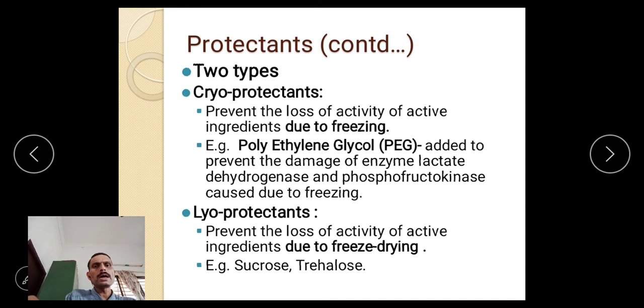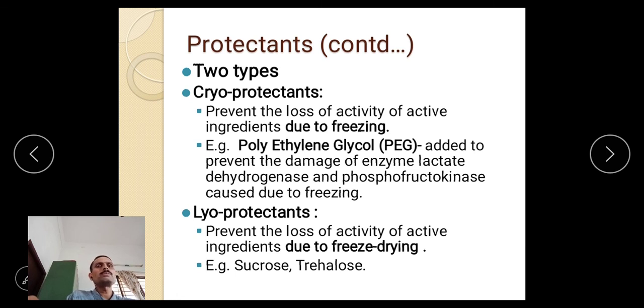Next one is lyoprotectants. Here we are freeze drying the product. Freeze drying is a process similar to the drying process, where cooling and evaporating take place. That is why it is called freeze drying.